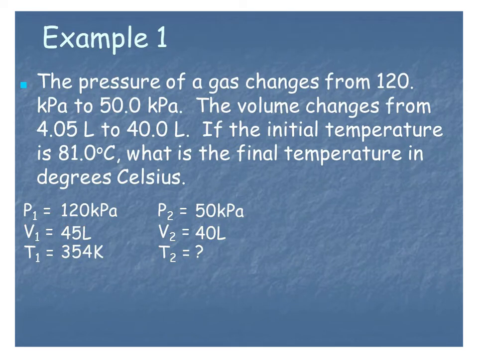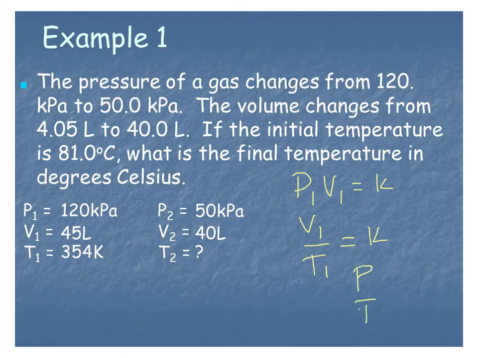Okay, so let's look at an example where we can use the combined gas law, where a bunch of things are changing at once. Before we get into this, let me show you one more quick thing about the combined gas law. We know that P1, V1 equals a constant, V1 over T1 equals a constant, and P over T equals a constant.